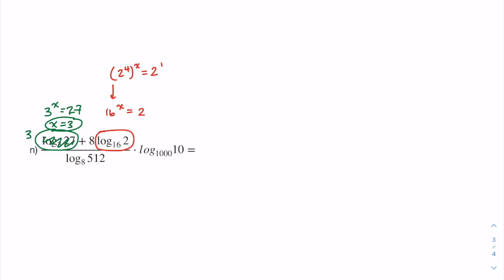And then once those bases are the same, this is just 4x equals 1. So 1/4. So the 4th root. So another way of saying this is just 1/4, and then don't forget the 8 right here. So 1/4 times 8 is just 2. So that's what I have on the top.